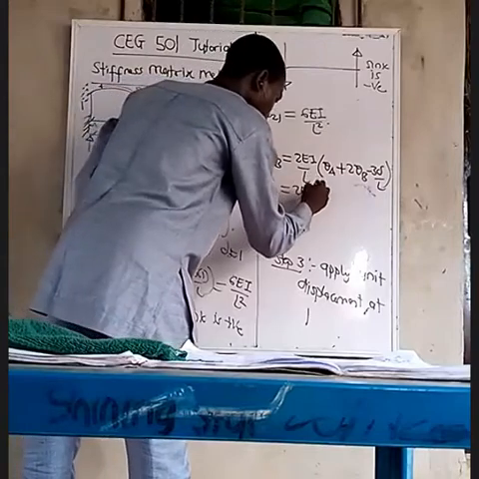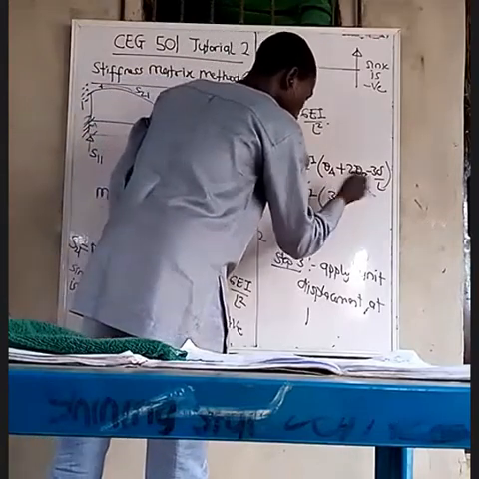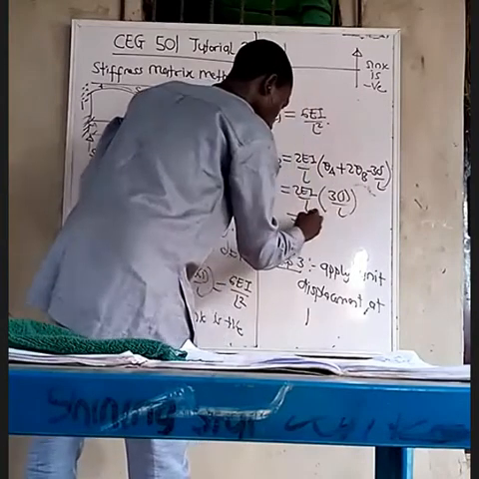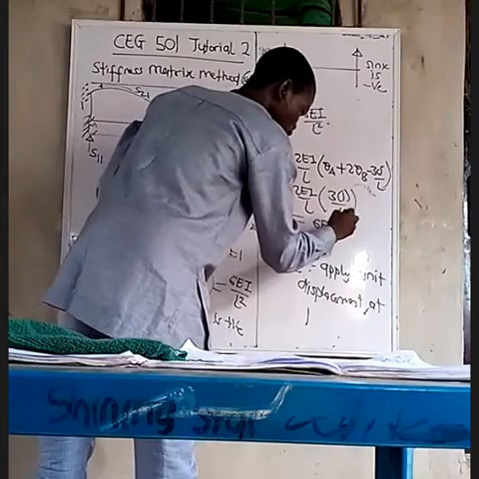So our S41 will be equal to 2EI over L times, just ignore the minus, 3 over L. So that becomes 6EI.